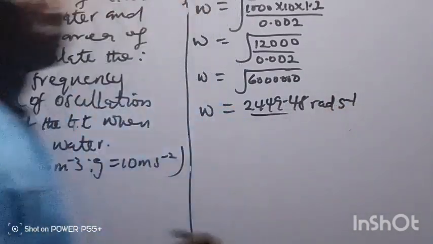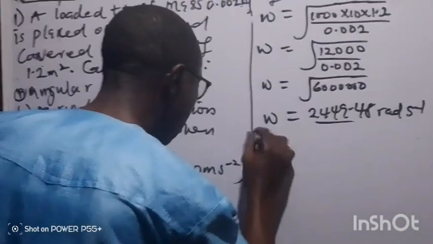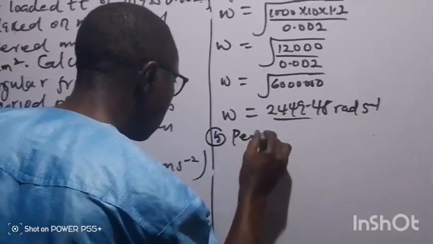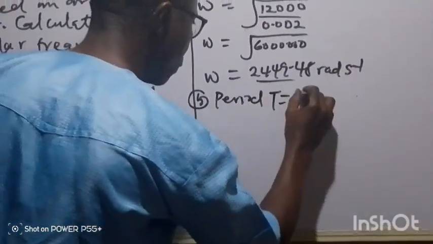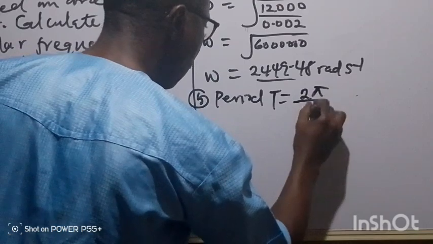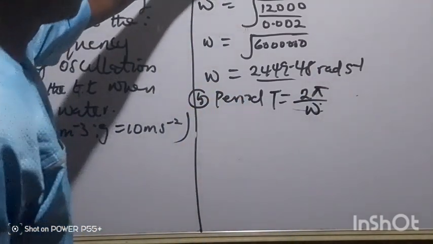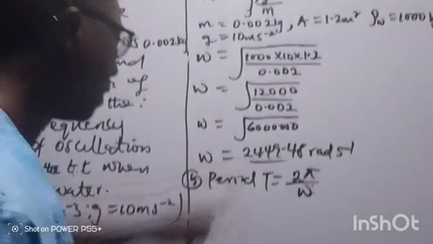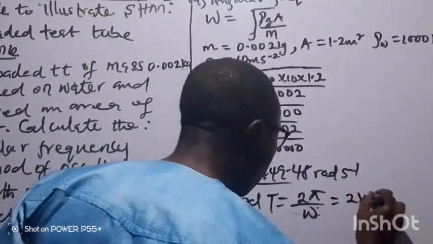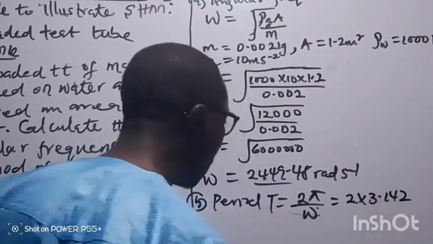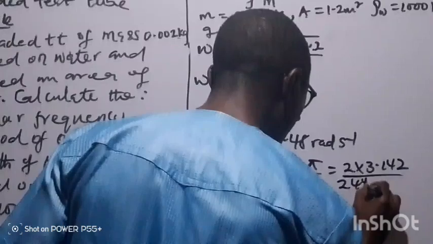Now, the next question is part B of the question, which is period. Period, capital T, is equal to 2 pi over omega. Note that this is the omega that has been calculated. So this one will now give us 2 multiplied by 3.142 as pi, then divided by 2449.48.